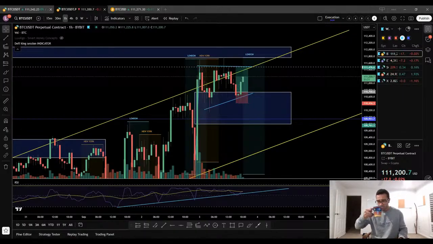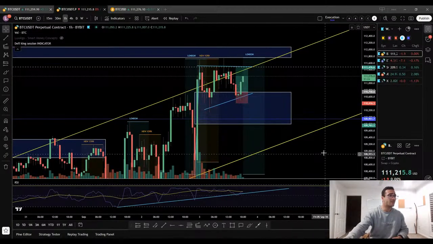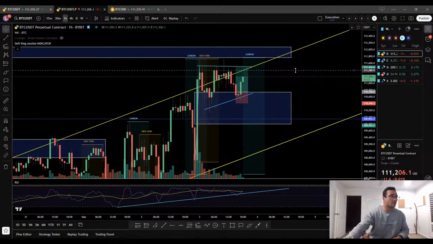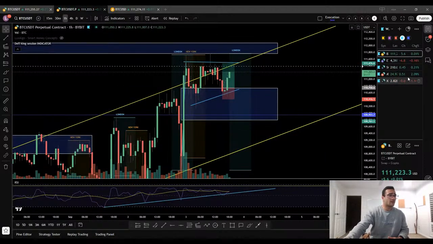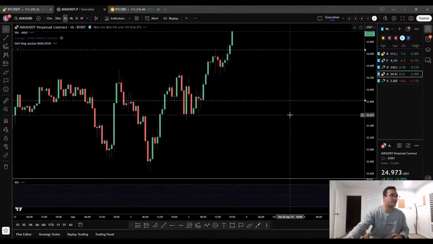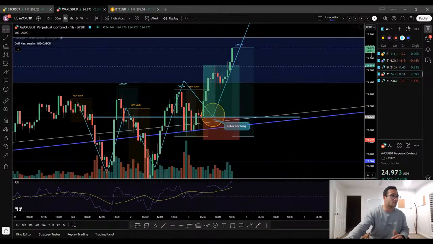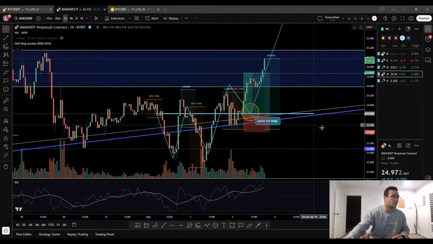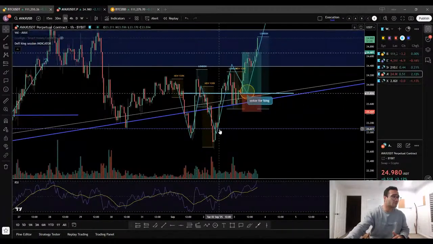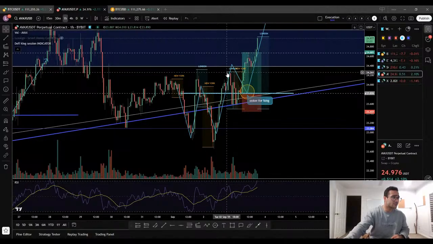Now we could obviously sit here and watch this trade play out. What I will be doing is I can see that a lot of it has hit here. Now I will show you another trade that I didn't take, but look at this beautiful trade. This was probably Tuesday, 6 o'clock, London Open, 6 o'clock Brisbane time.